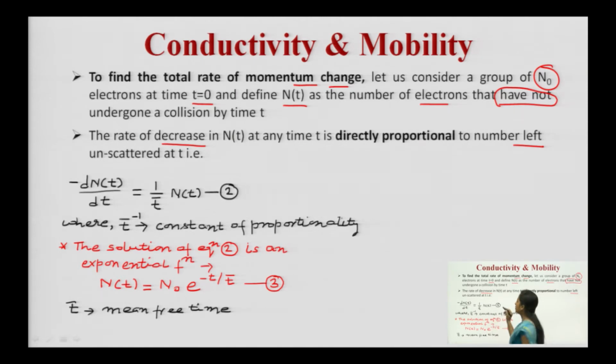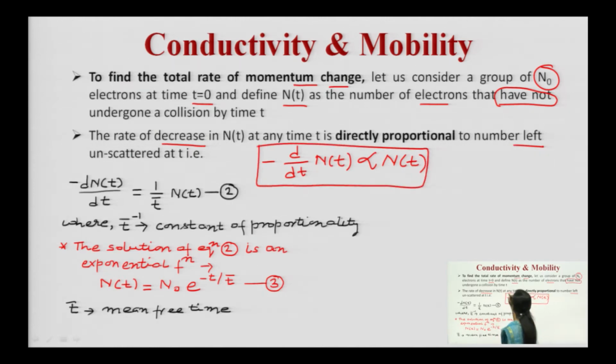It means the rate of decrease in N of t, this is nothing but minus d upon dt of N of t, since there is a decrease, is directly proportional to the number of electrons left unscattered. Now you have to introduce a proportionality constant for this. So 1 upon t bar, this is the proportionality constant in this particular equation. Let us say this is equation number 2.